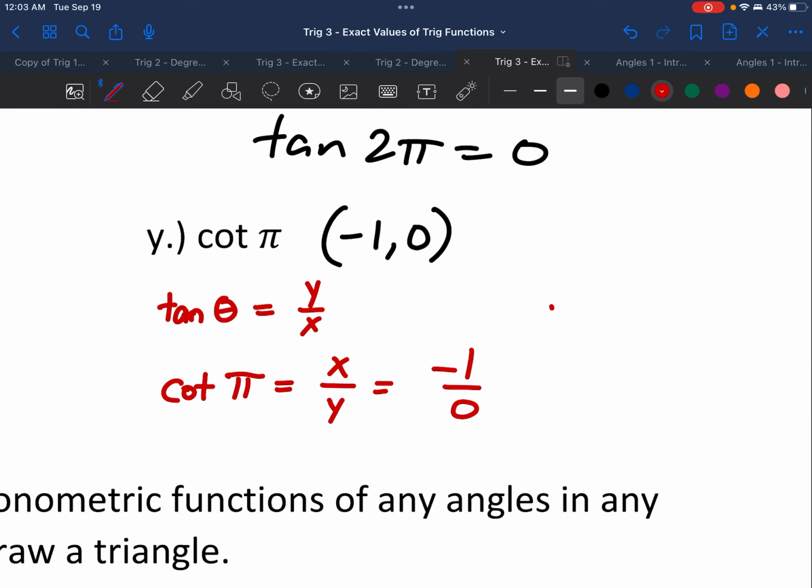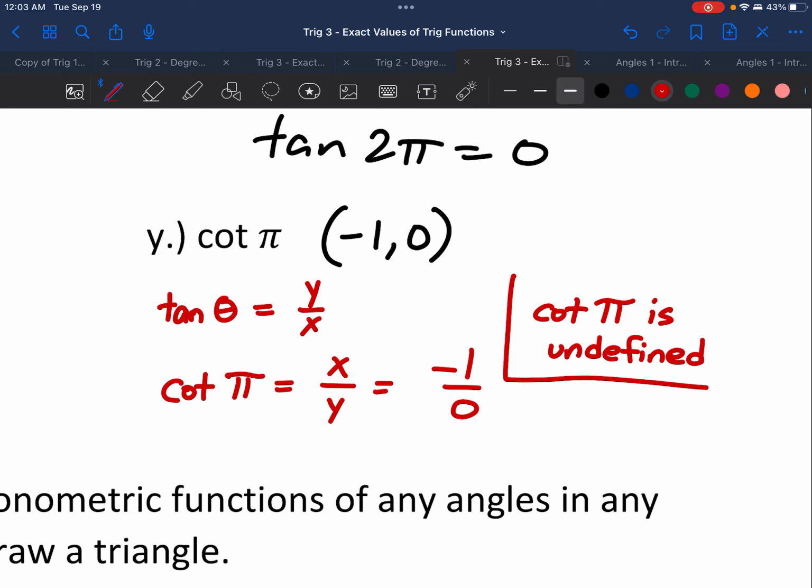And so what we are going to find for our quadrantal angles, only the ones that are multiples of 90 degrees, and yes, that includes 0, which is a multiple of 90. It's 90 times 0. We will get to places where we will say that we don't have an actual solution to our problem. We will get to a place where we can say that value is not a number that exists. It is undefined.